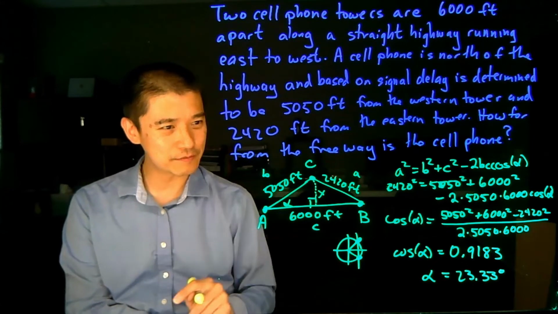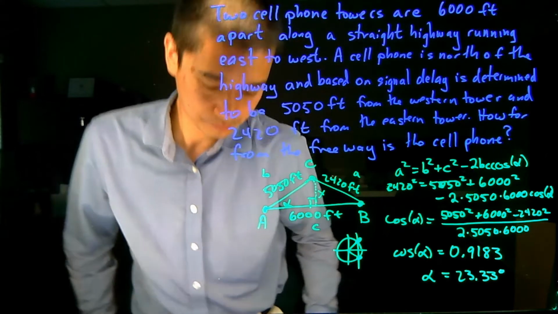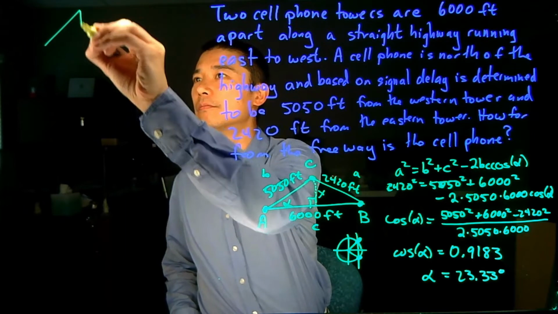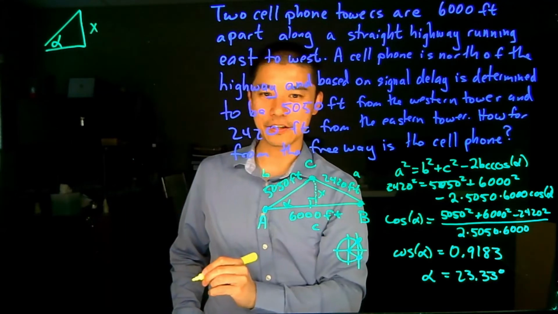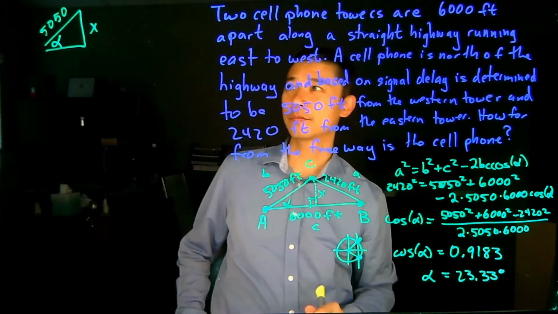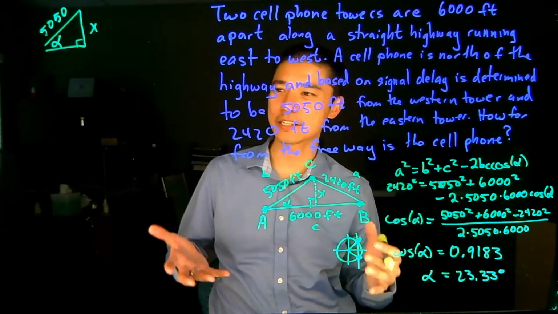Our goal is this value of x in here. And so I'm going to squeeze it in over on the other side. So we have a right triangle. We have our angle alpha, our unknown value here, and we know the hypotenuse is going to be 5050. Right, so right triangle trigonometry. This goes back to our opposite, adjacent, hypotenuse stuff.